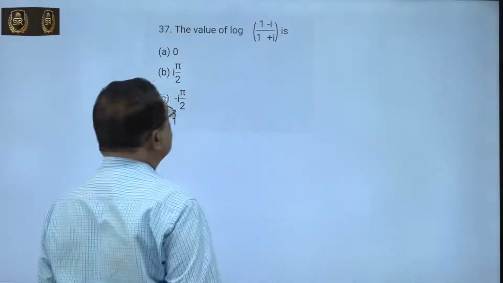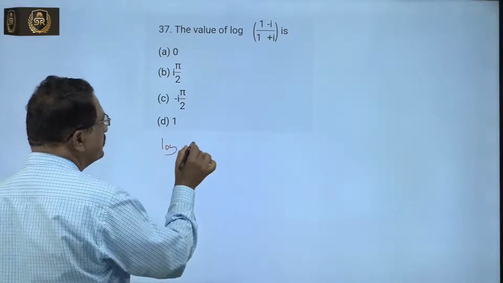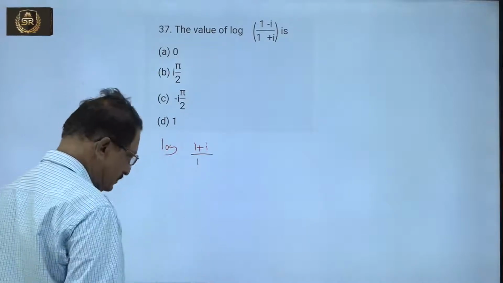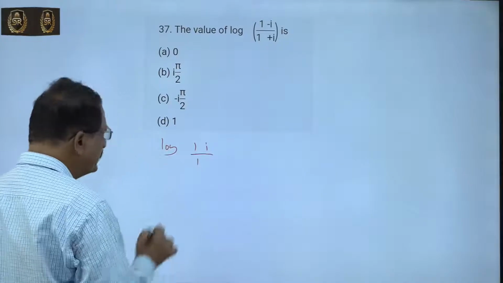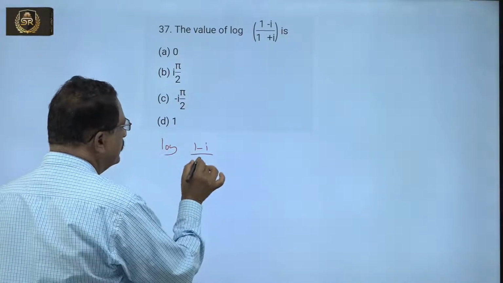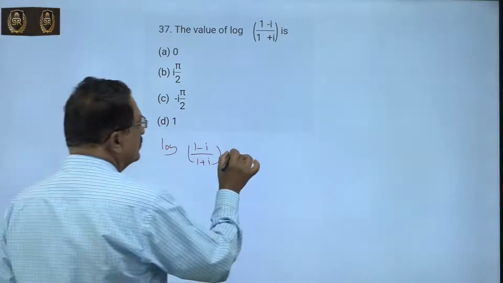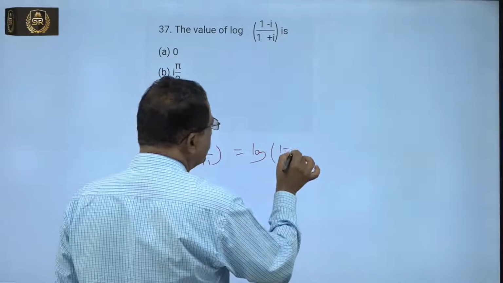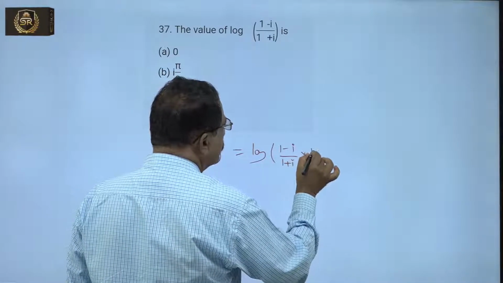Next, seventh problem. The value of log of 1 minus i by 1 plus i. Now that equals log of 1 minus i by 1 plus i, multiplied and divided by the conjugate of the denominator, 1 minus i.